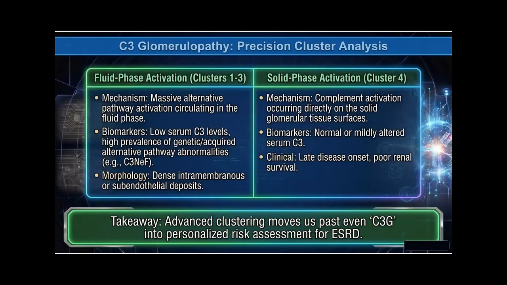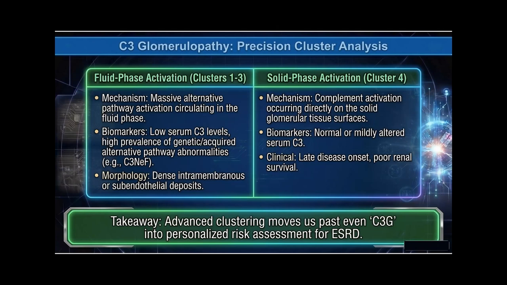Now, C3 glomerulopathy, precision cluster analysis, fluid phase activation, cluster 1 and cluster 4, massive alternate pathway activation circulating in the fluid phase. Biomarkers are low serum C3. How do I diagnose? C3 is consumed, so low serum C3 levels will be there. High prevalence of genetic and acquired alternative pathway abnormalities.